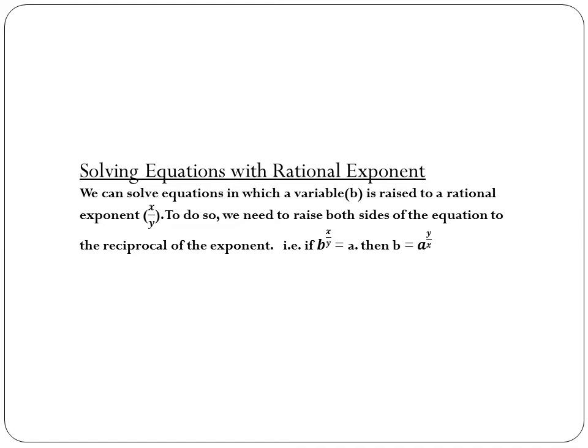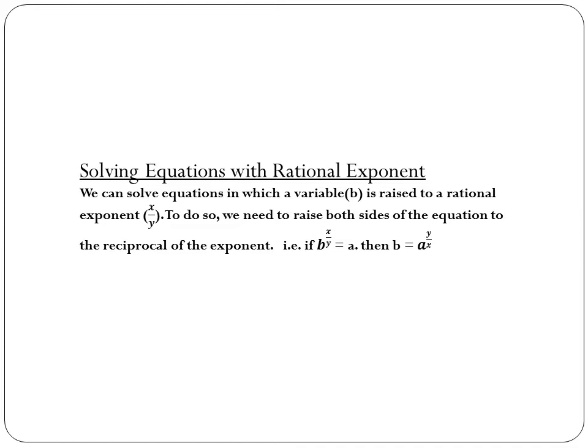Now to solve equations involving a rational exponent, we need to raise both sides of the equation to the reciprocal of the exponent. To reciprocate something is to bring the top number down and to take the down number to the top.